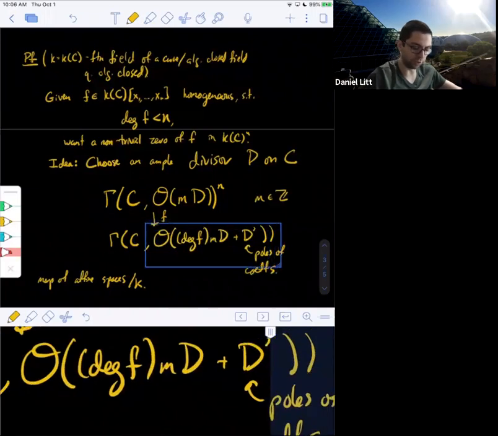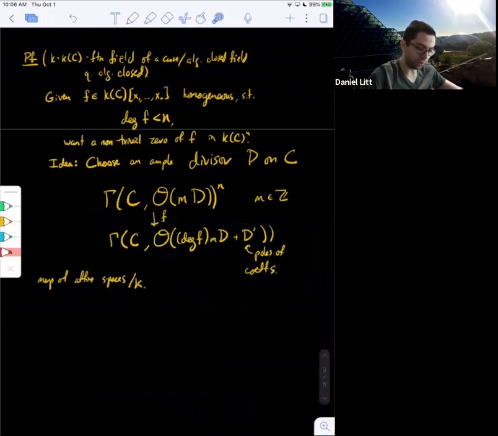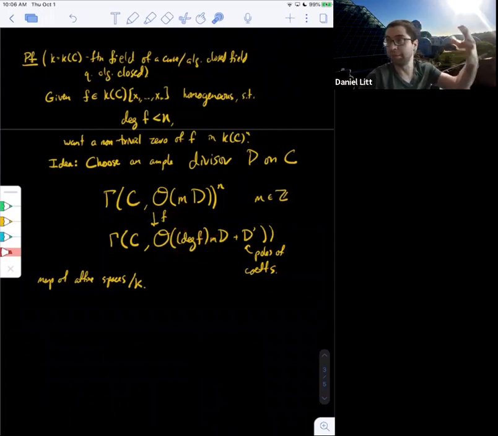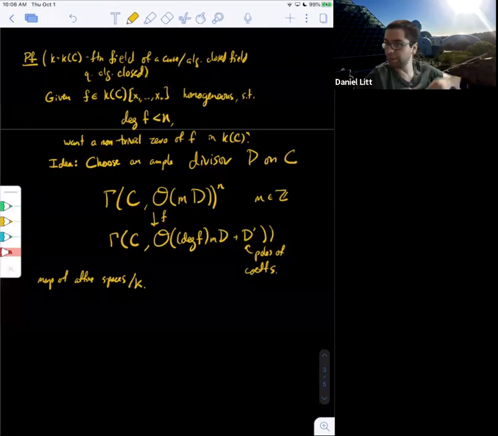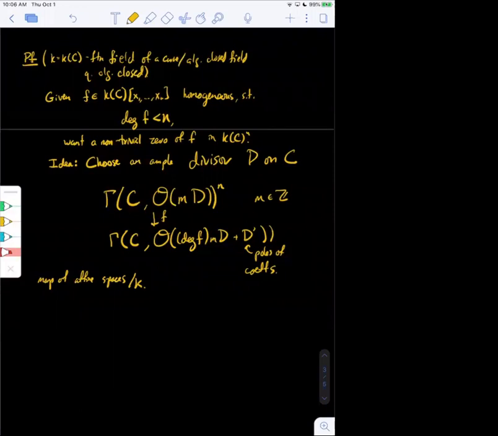In each monomial, the order of the pole can increase by up to the degree of f because we're multiplying a bunch of things together. But then we have some extra poles maybe from the coefficients of f, which are rational functions on C, so they may have poles as well. Does that answer your question, Peter? Yes, thanks. Right. All right.